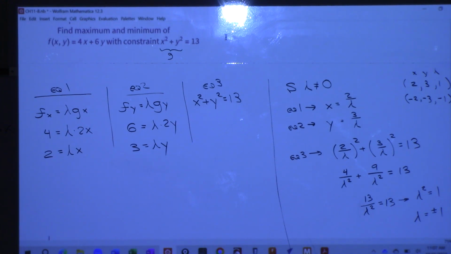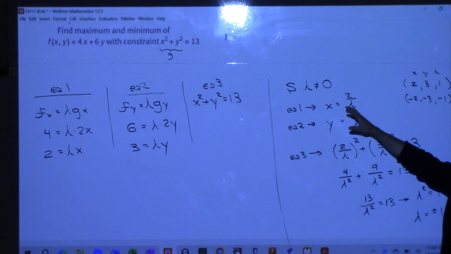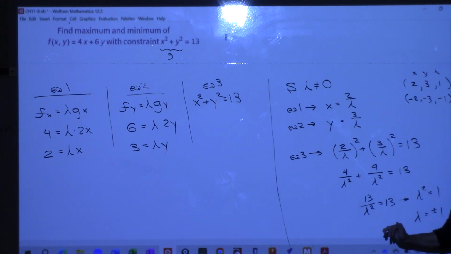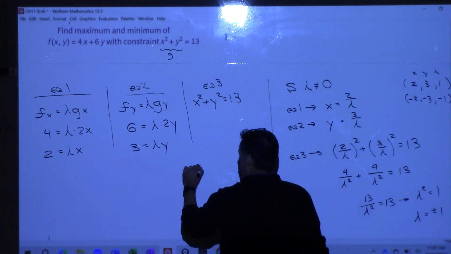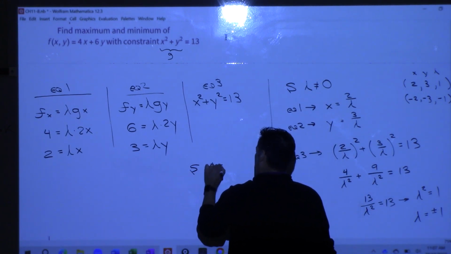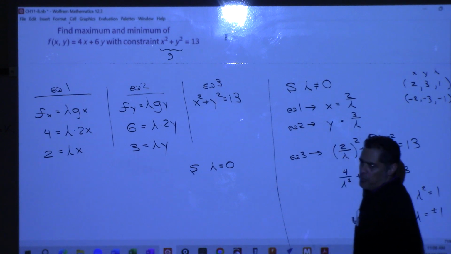All right, what should I do now? That was all under the assumption that lambda wasn't 0, right? Lambda wasn't 0, and I was able to get some answers. Now I'm going to look at what if lambda is 0. So suppose lambda is 0. And right away you have a problem.